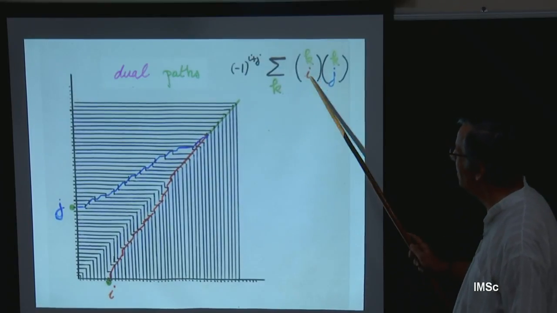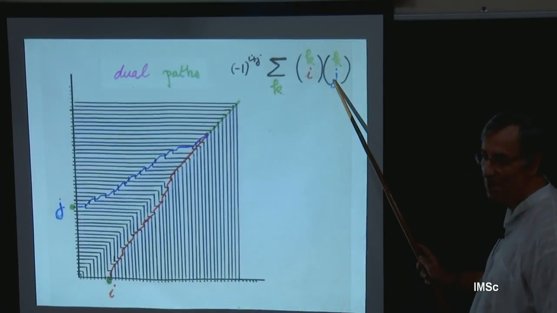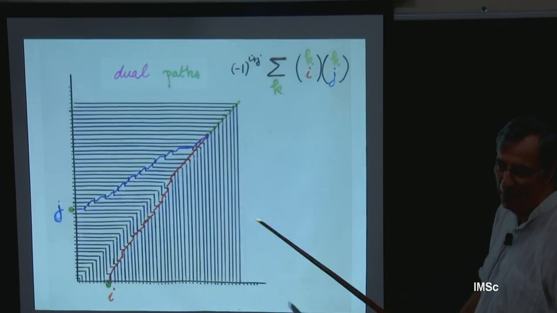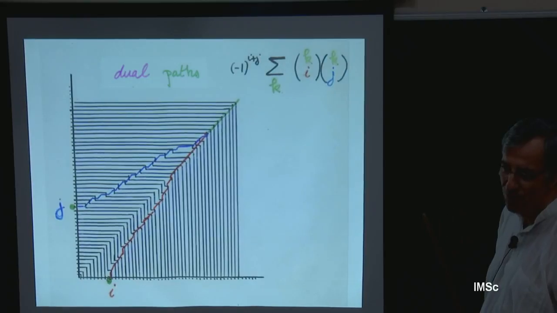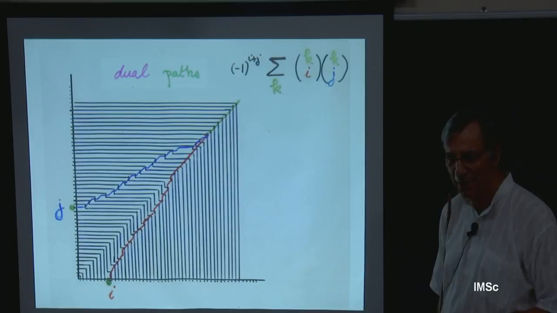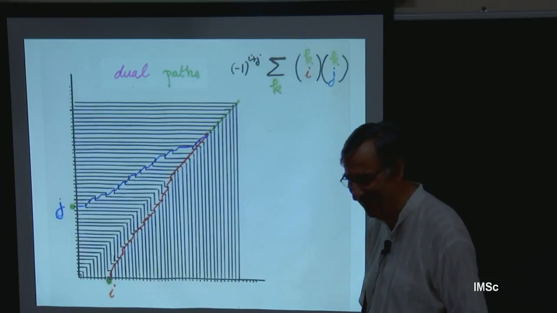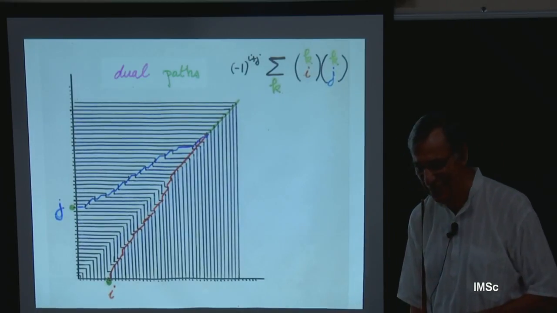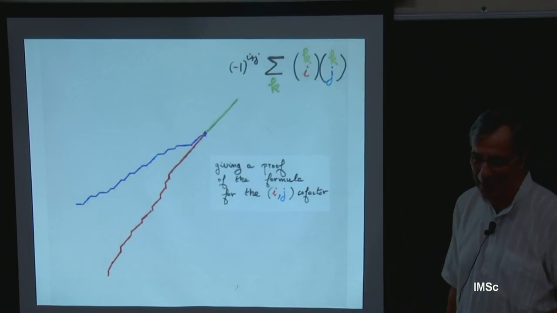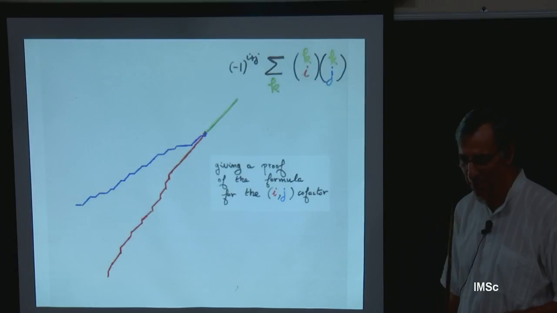So the red path is this. The blue path is this. The k is exactly the starting point of the green path. This is our inverse matrix in Bordeaux. So exercise, put this in, convince yourself that you get the right formula for the inverse matrix.